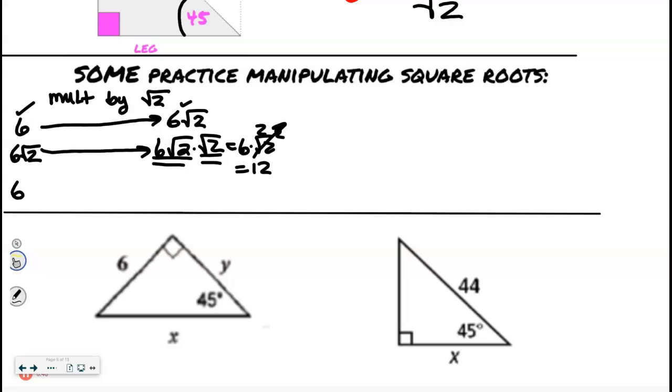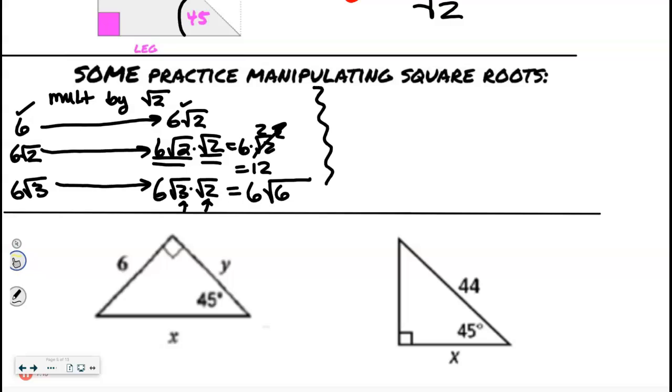What if it was 6 root 3, and I had to multiply by root 2? Then I'd have 6 root 3 times root 2. We can only multiply or divide if the numbers are both under the root or both out of the root. 6 is the only one out of the root, but these two are both under the root. So I can do 3 times 2. So that's how we multiply by root 2.